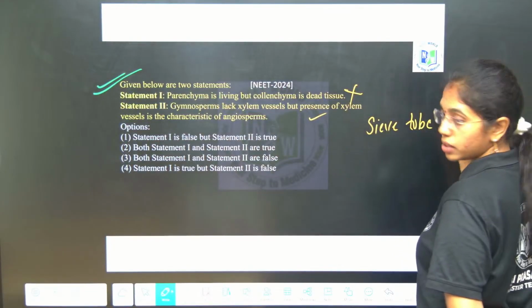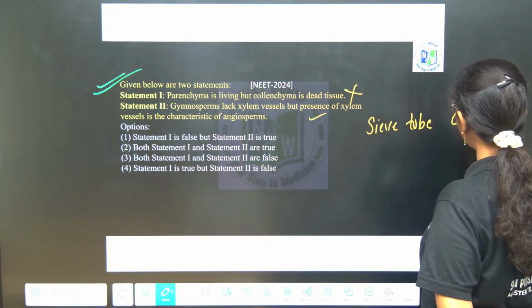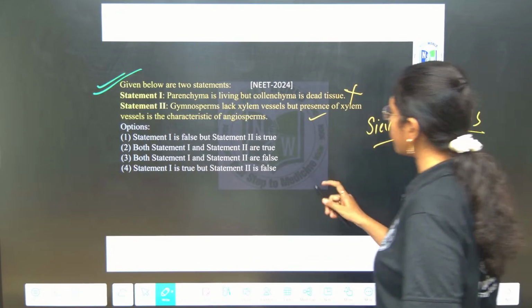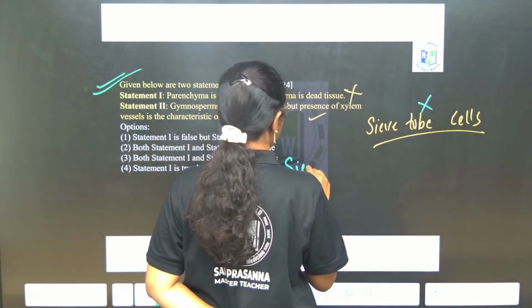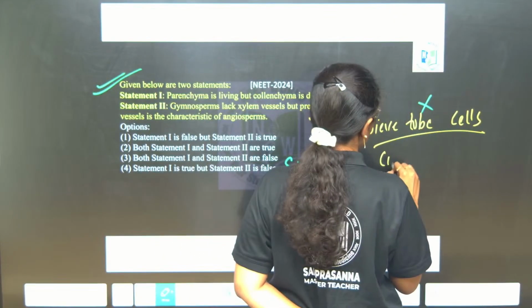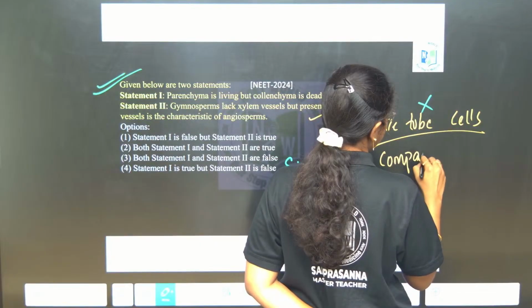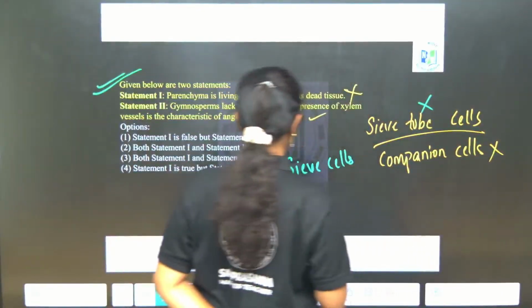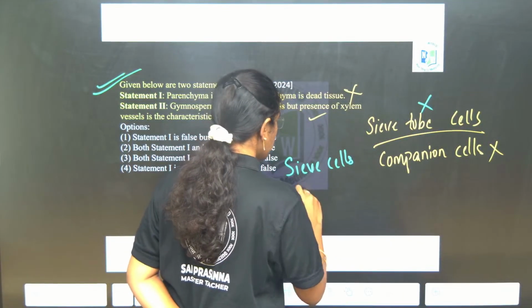Sieve tube cells are absent. Rather, in the place of sieve tube cells, only sieve cells are present. Companion cells are absent. In the place of companion cells, albuminous cells are present.